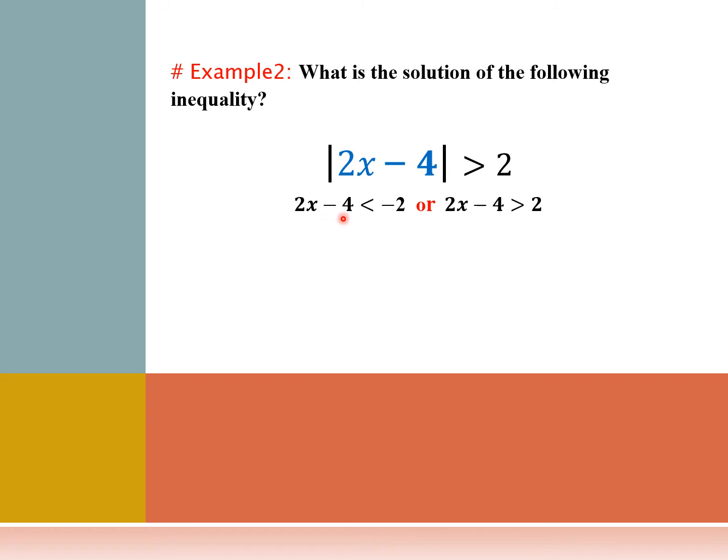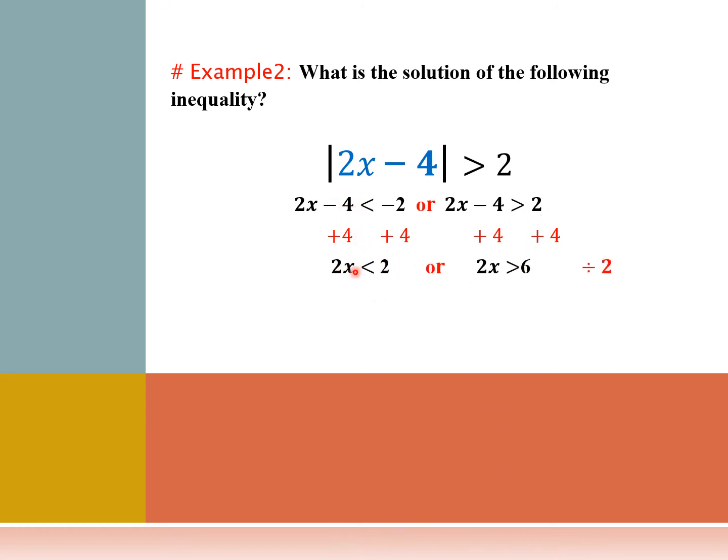So here we have negative 4. To remove negative 4, add 4 to both sides. So plus 4 for this part, and also here we add 4. So now minus 4 plus 4 is 0.